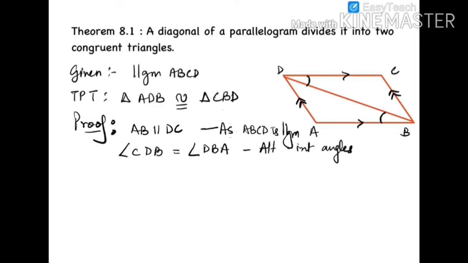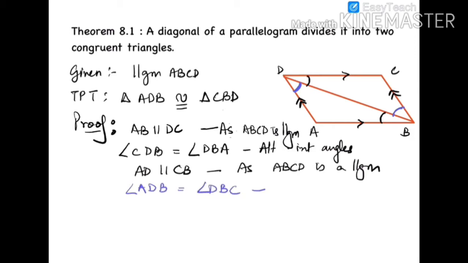Similarly, we will use the other pair of opposite sides, AD parallel to CB. So angle ADB will be equal to angle DBC, as they form alternate interior angles.